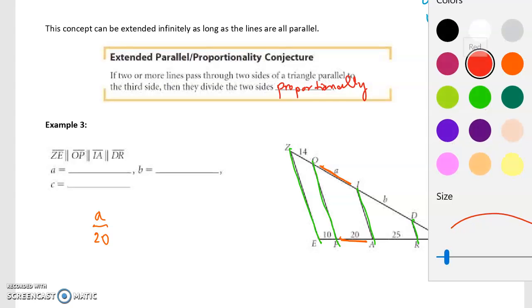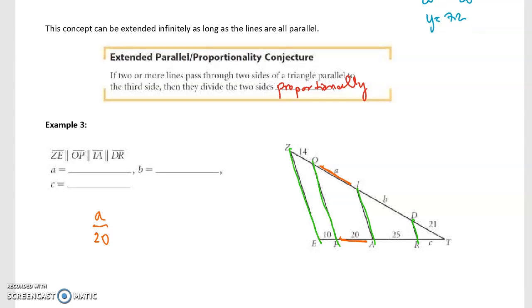Now, if we look at this picture, the only ones that we have so far with two completed numbers are this segment, ZO, and this segment, I think it's EP. So that's what we want to use. Cross multiply, we get 10A is 280, and that tells us A is 28.